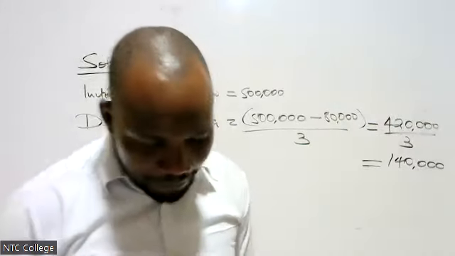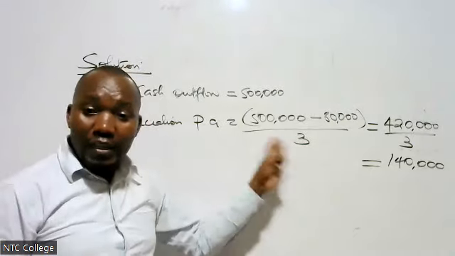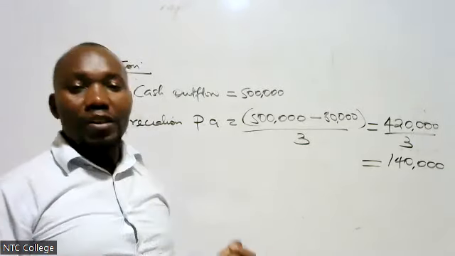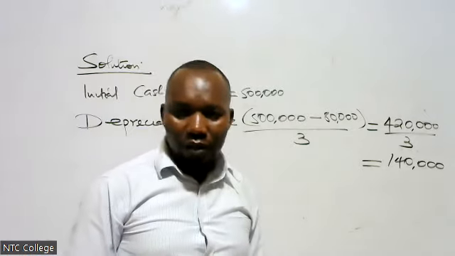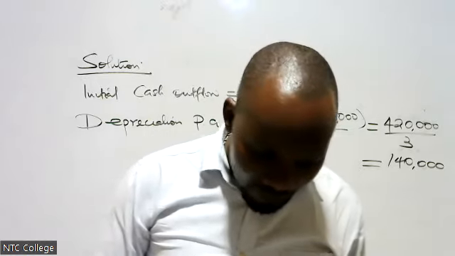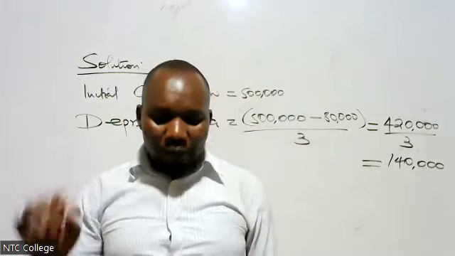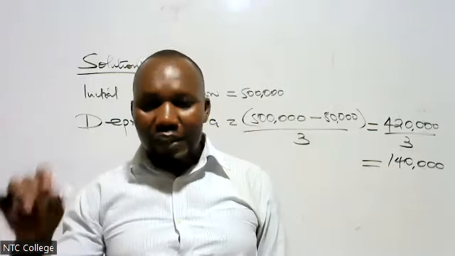Now, after that, we ask ourselves, so that is an expense, right? When you're getting the free cash flow, depreciation is normally deducted. So we now ask ourselves, is there any information that has been given? The company cost of capital is 10% and the tax rate is 30%.